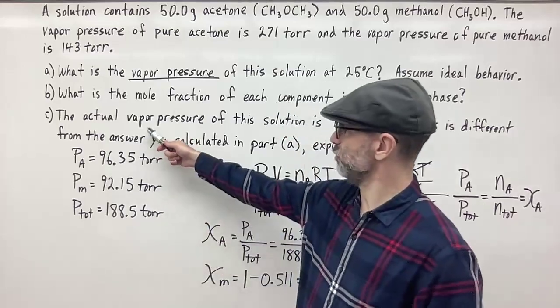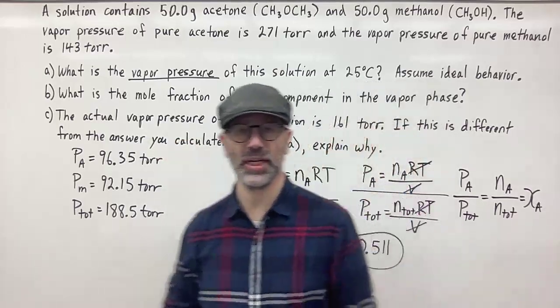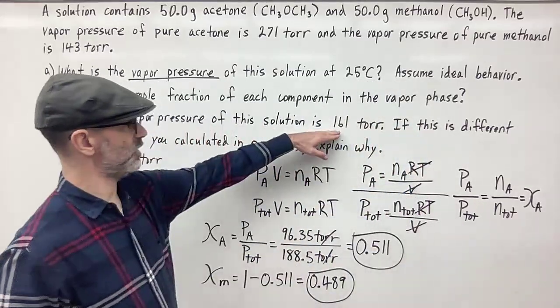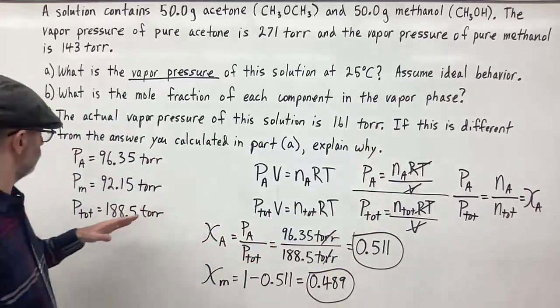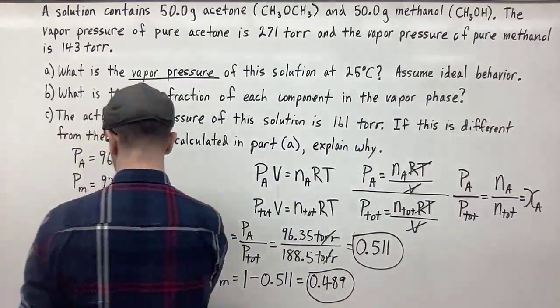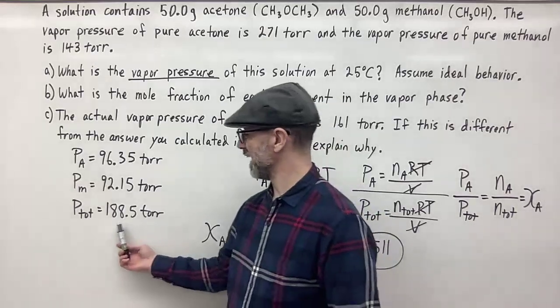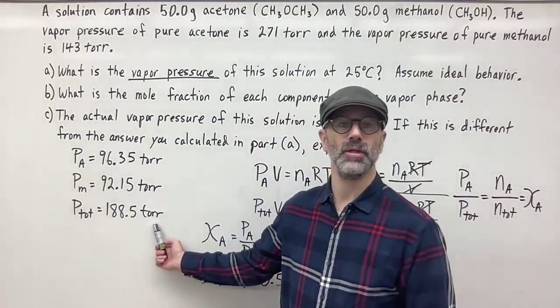So it says the actual vapor pressure of this solution is 161 torr. What did we get? Our total pressure was 188.5 torr, right?